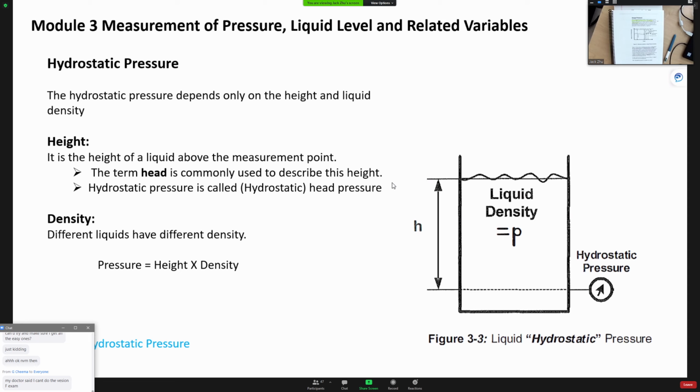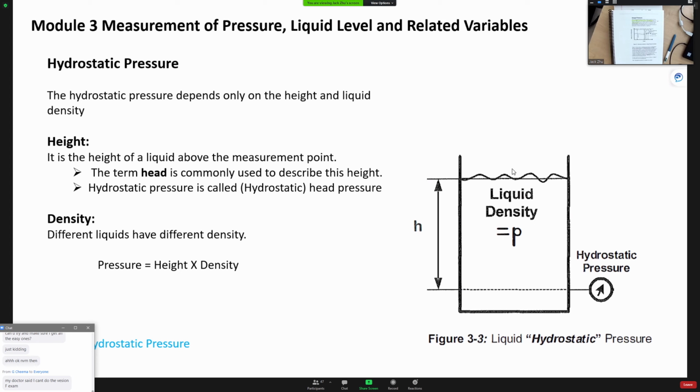Hydrostatic pressure is for measuring the pressure under a liquid. For any container holding liquid, the pressure at the bottom of that container will be different at different heights.